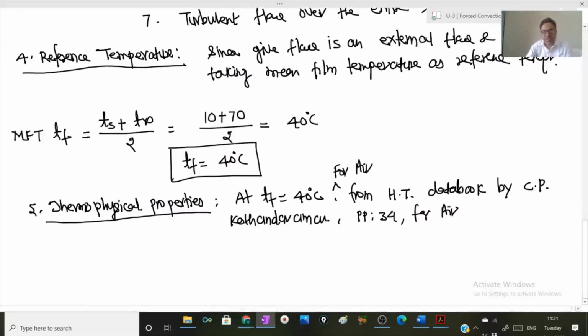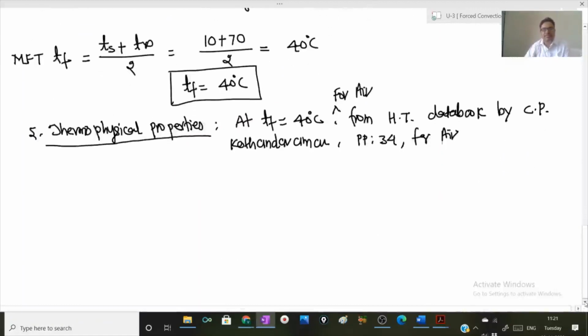So let us enlist all those thermophysical properties. This is very important, you always write this in your notebook. Rho value is 1.128 kg per meter cube.